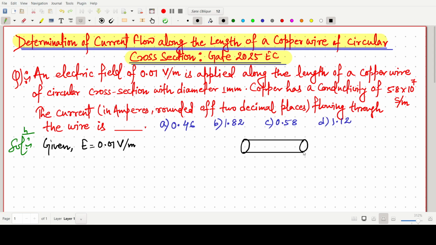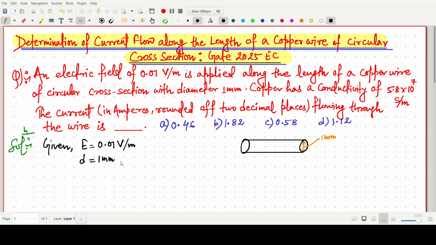This one is a copper wire with a circular cross section of diameter 1 mm. So this diameter is given as 1 mm, meaning the diameter of the copper wire, our d, is given as 1 millimeter.